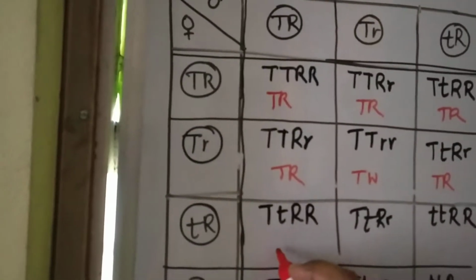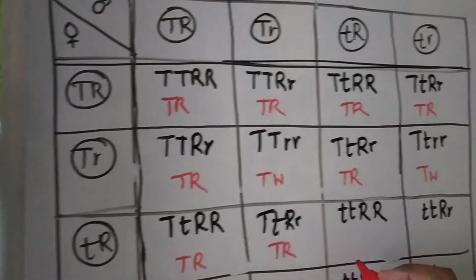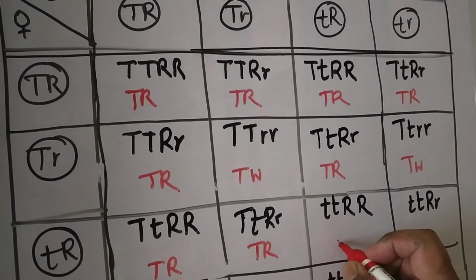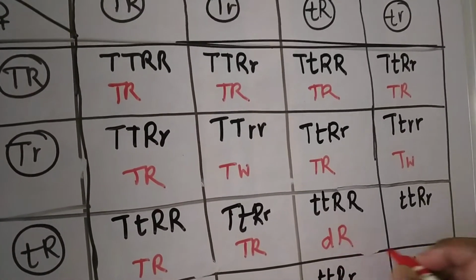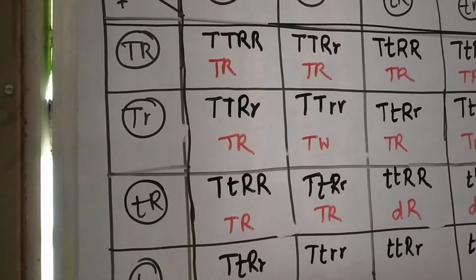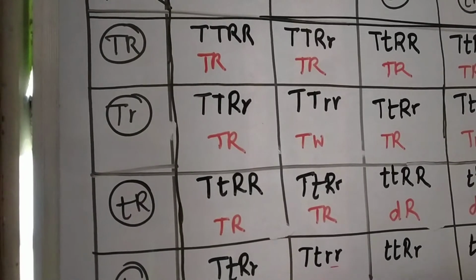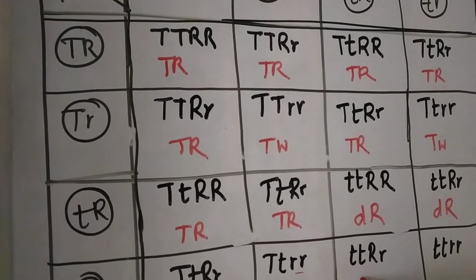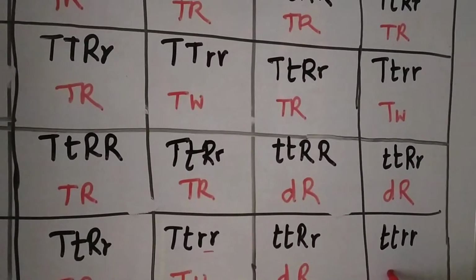Okay. Here tall round. Small t, that is dwarf. So dwarf round. This is dwarf round. Here again tall round. Tall wrinkled. Dwarf round and dwarf wrinkled.